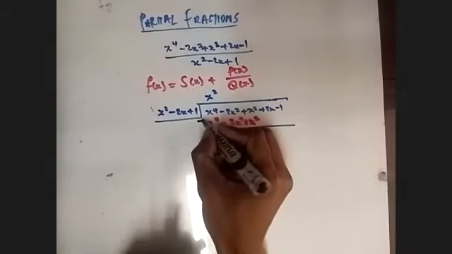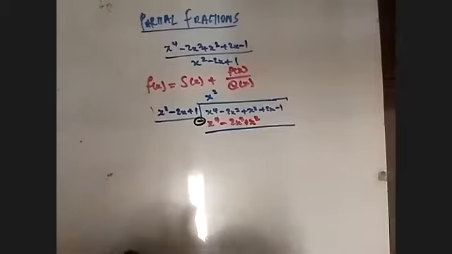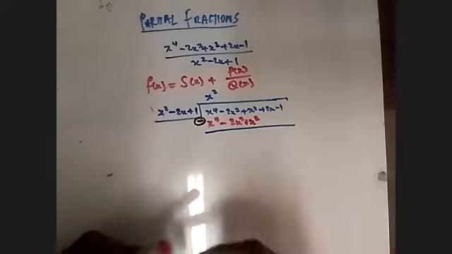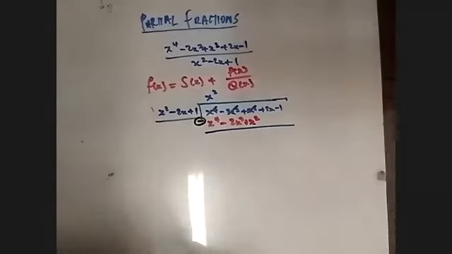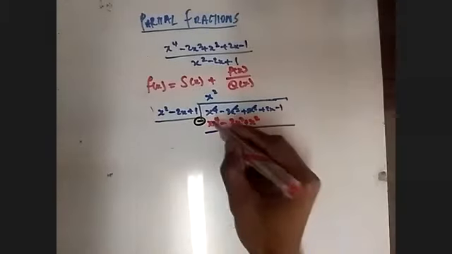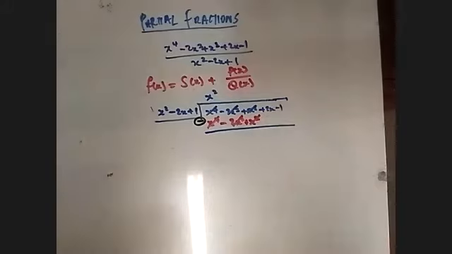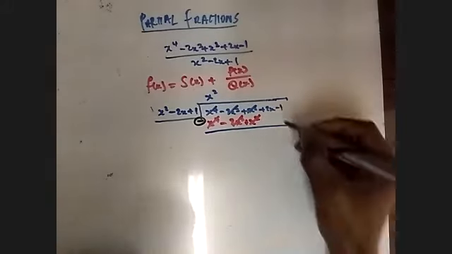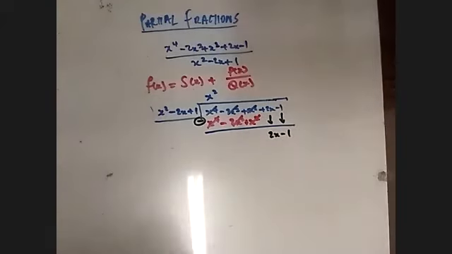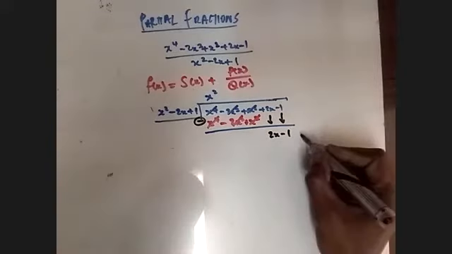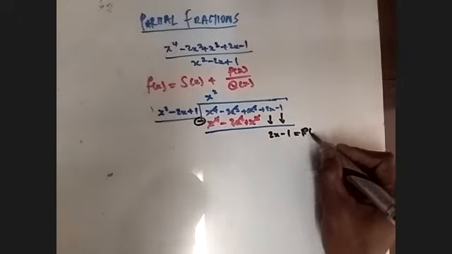So what happens if you subtract the 2? Do you see that this term and this term will give us 0? These ones. Do you see that, guys? So the only terms which are left are 2x minus 1. This is our remainder, which is p of x.